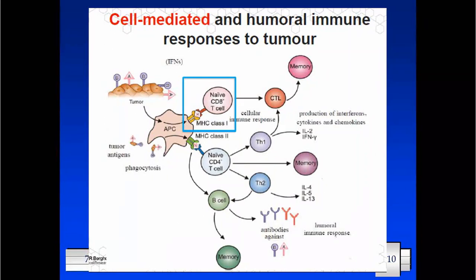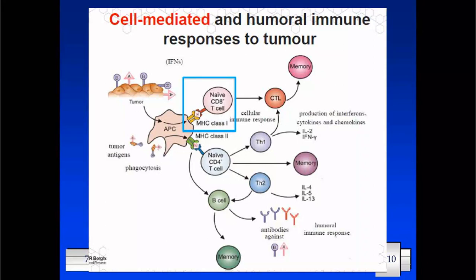Also, the T helper 1 and T helper 2 secrete some cytokines. These cytokines act against the tumor. We have the B lymphocyte, which is responsible for antibody production either by itself or with the help of T helper 2. In both cases, B cells will produce antibodies, and we will show the role of antibody here.